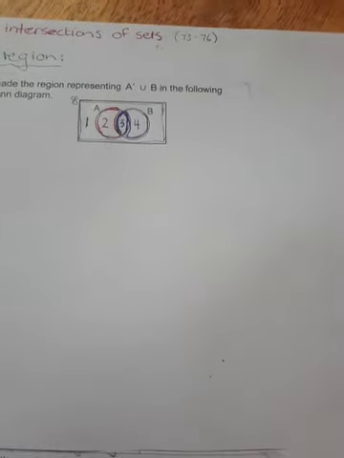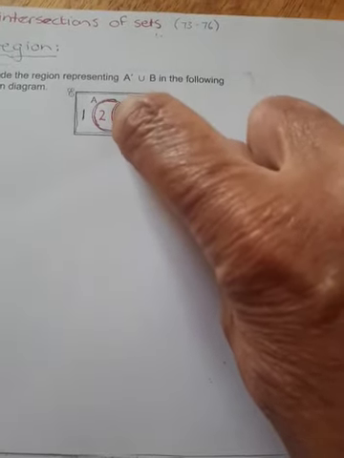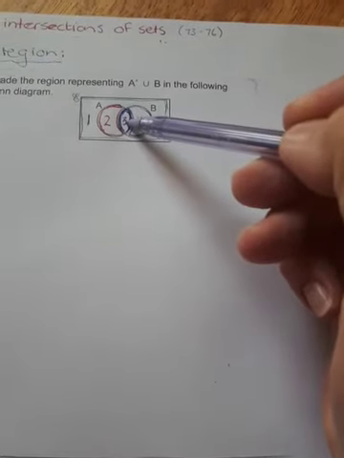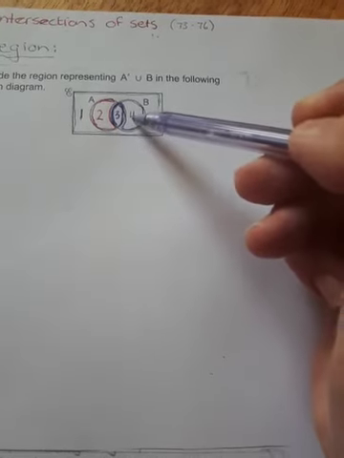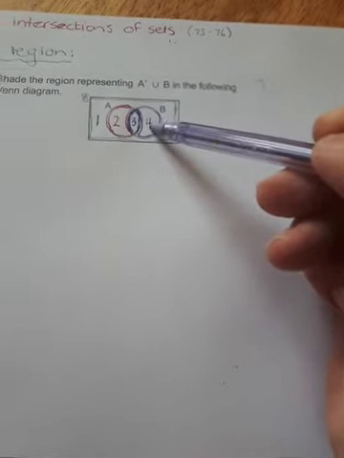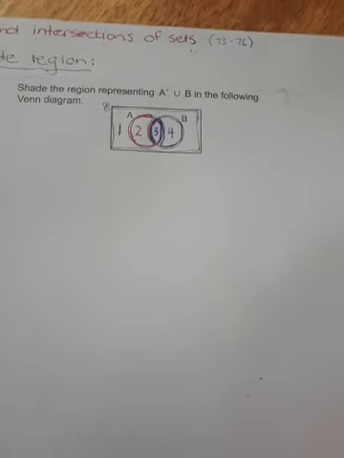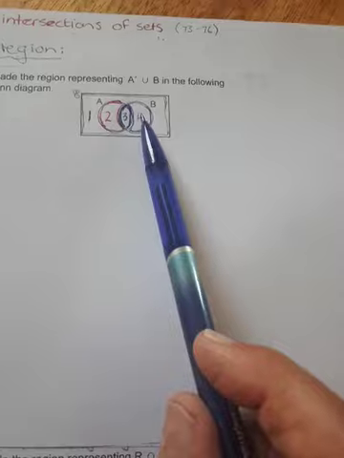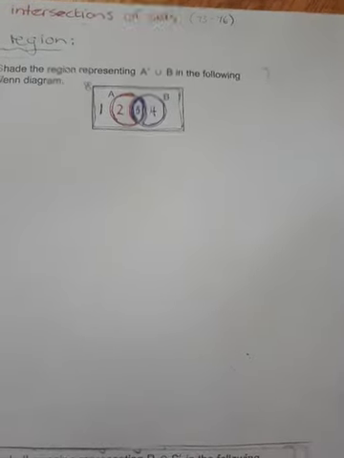Region 2 is set A without the overlapping part. The overlapping part is region 3, and set B without the overlapping part is region 4. Now please remember that for any Venn diagram with 2 sets, you will always label this as 1, 2, 3, and 4. It will always be the same labeling.